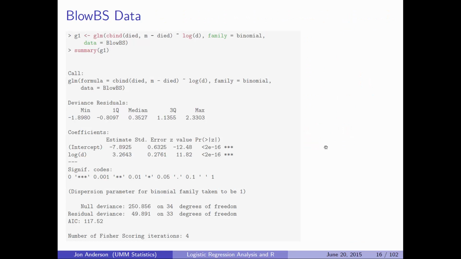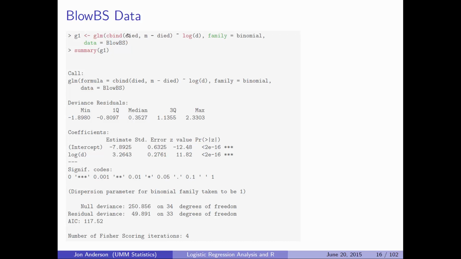And so here is how we're going to construct this particular model. This is a little bit of an unusual data situation. For every row of the data frame, for every diameter, we know how many died and how many didn't die. So this is a combination variable which you will not see very frequently, but it is used in this example.